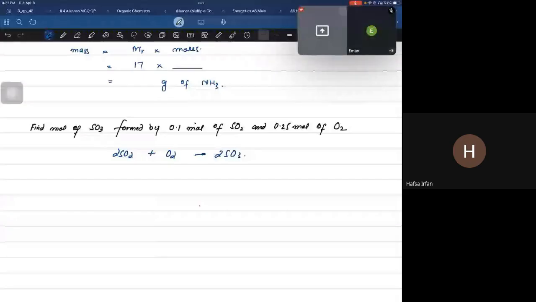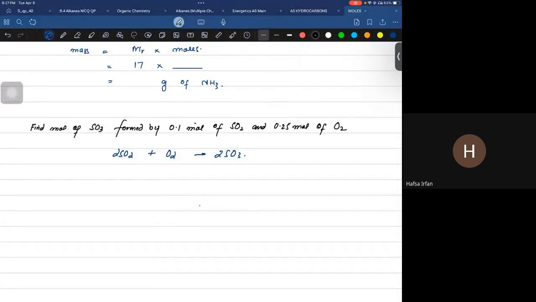So now you have to think that you have to take the mole ratio between this and SO2 or O2. Of course, first of all, you have to find out the limiting reactant.